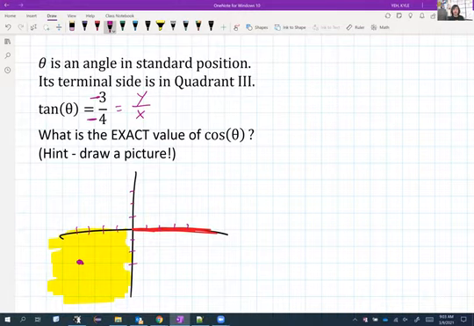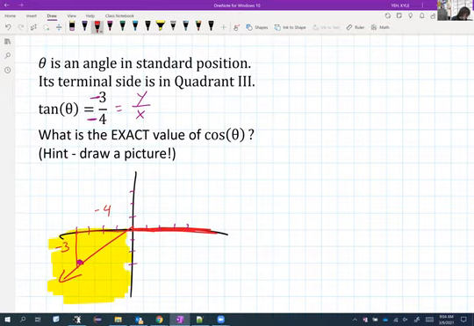This is where our point has to be, and our terminal side has to go through this point because it's in quadrant 3 and tan theta equals -3 over -4, which they simplified to 3/4, but we know better. It's negatives because quadrant 3. So awesome. I now know that my x value is -4, my y value is -3.